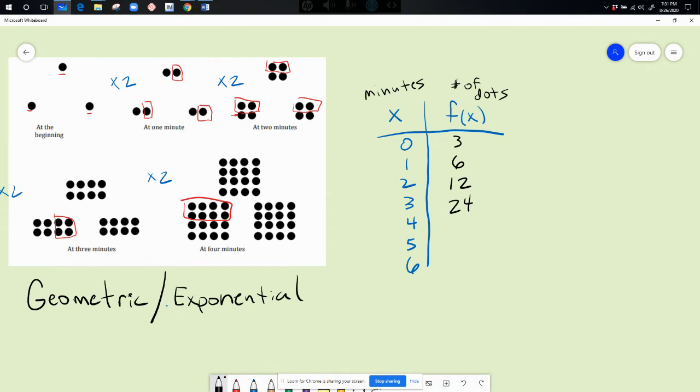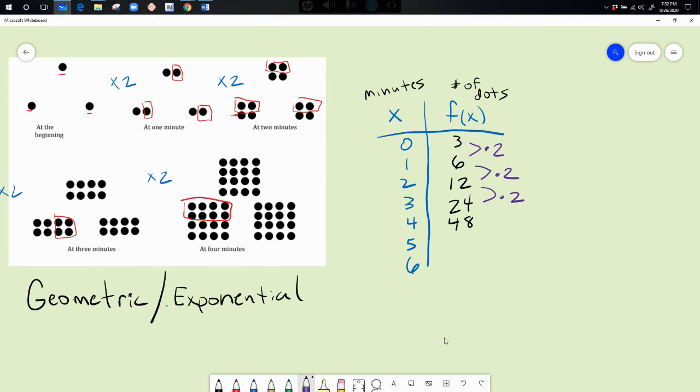And hopefully you don't actually have to count the dots, because we already talked about one really important thing. Let me get this stinking thing off my screen real quick. We talked about one really important thing, and that we are multiplying by 2 every single time.